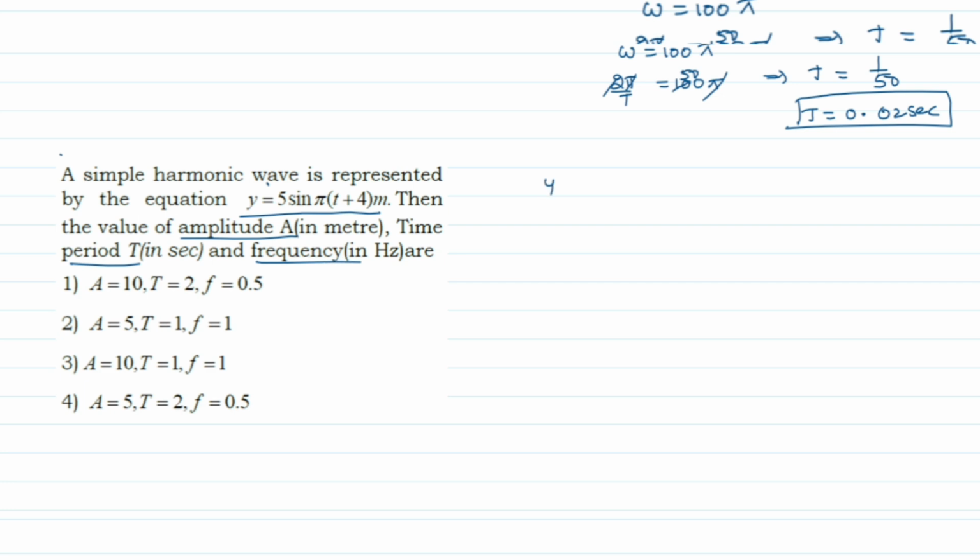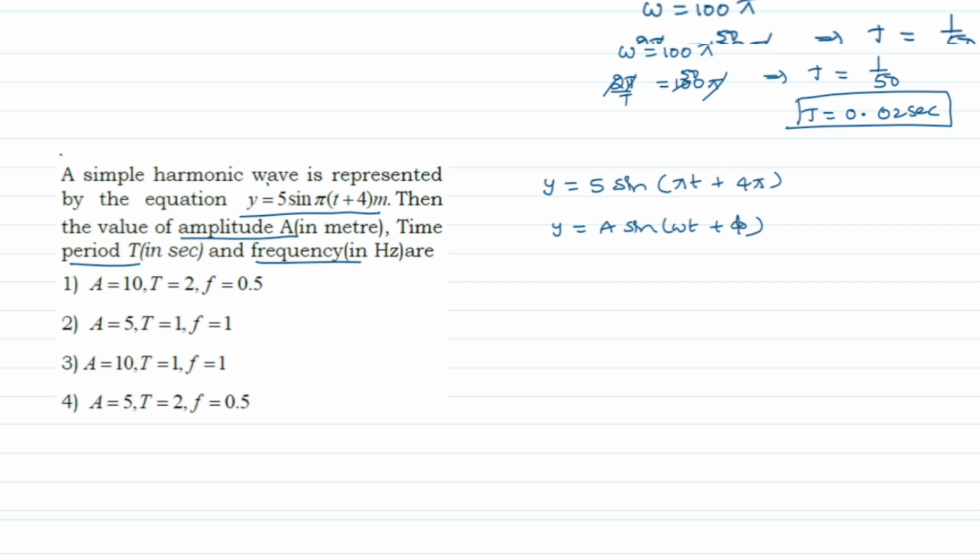So write the equation y equals 5 sin pi inside, so it becomes pi into t plus 4 pi. That is in the form y equals a sin omega t plus phi, the basic general equation of SHM.